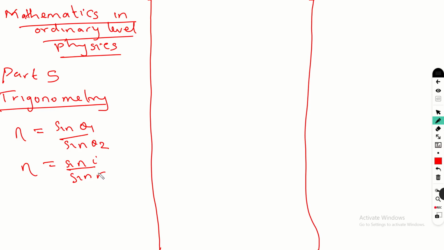Now, you are expected to know how to evaluate sine theta 1, sine theta 2, sine i, and sine r.